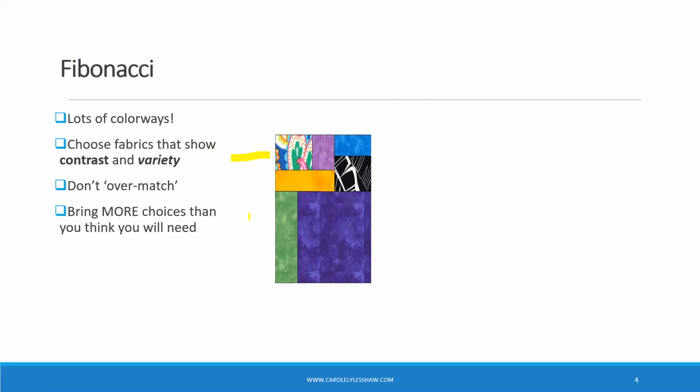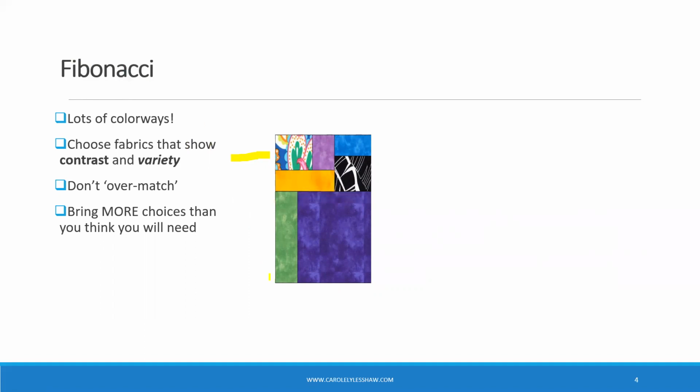And I've combined it with 5 different near solids. Now, these fabrics have a bit of texture to them, but they basically read as solids. But they also have a little bit of value contrast in the fabric itself. For example, in the yellow fabric, there are light and slightly medium areas, which give some vibrancy to the quilt block.